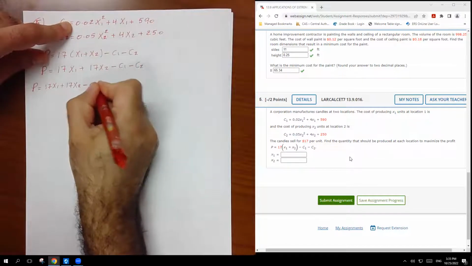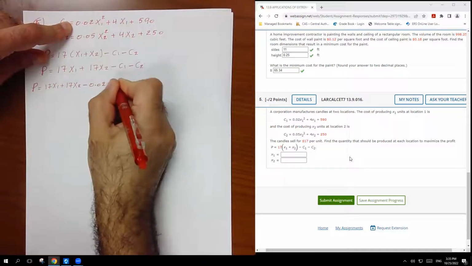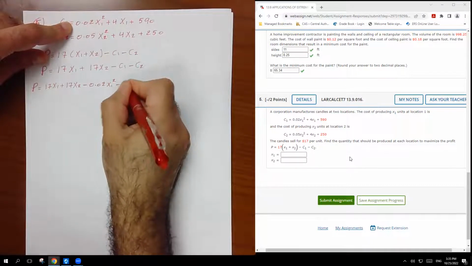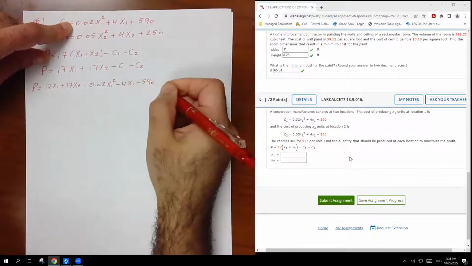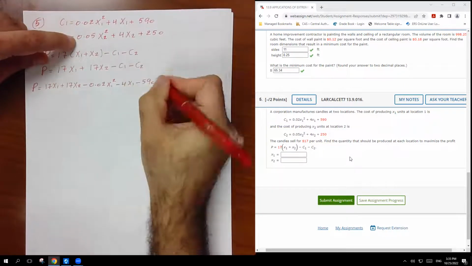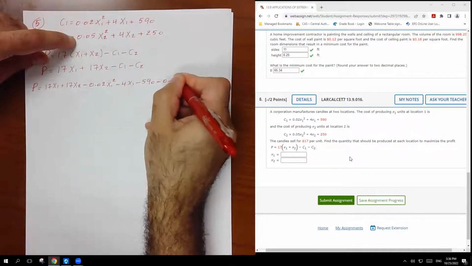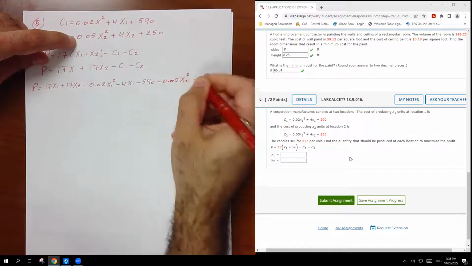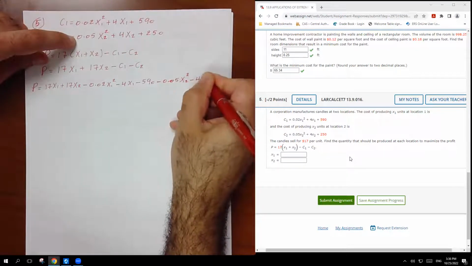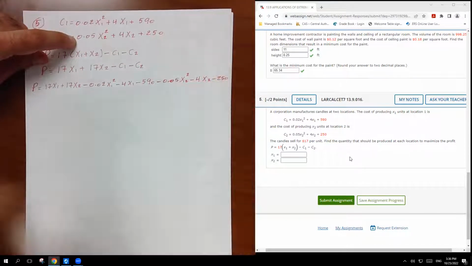So it's going to be negative 0.02 x1 squared minus 4 x1 minus 590, minus C2, so it's going to be minus 0.05 x2 squared minus 4 x2 minus 250.